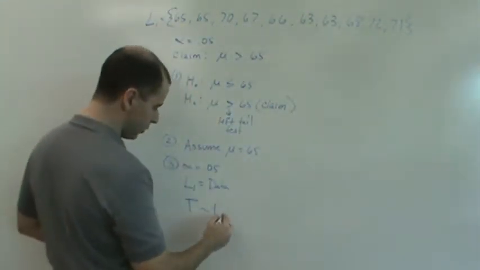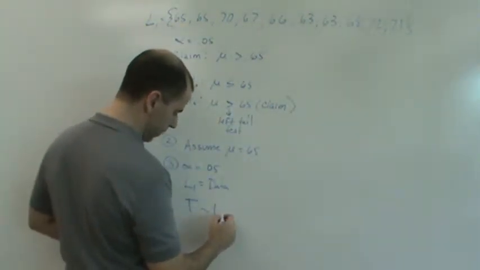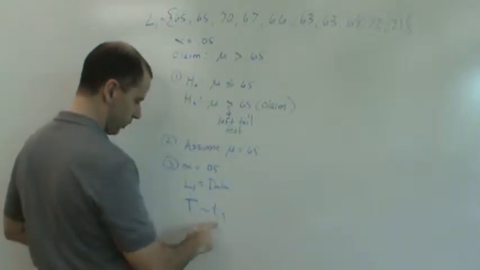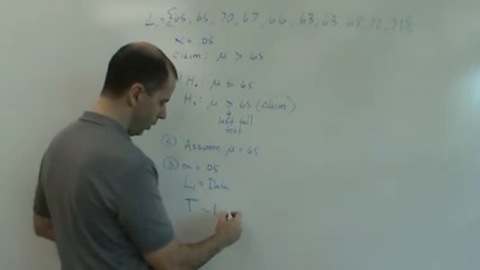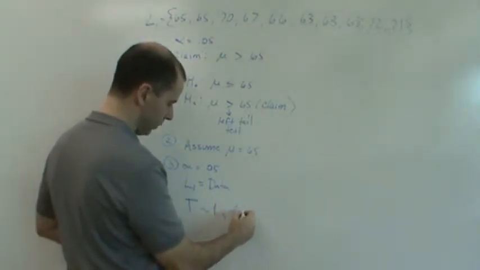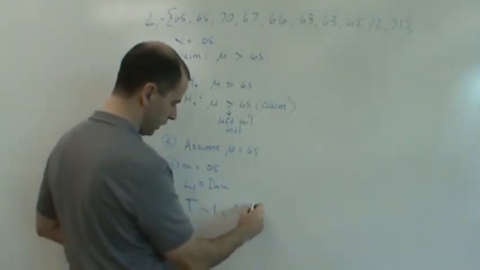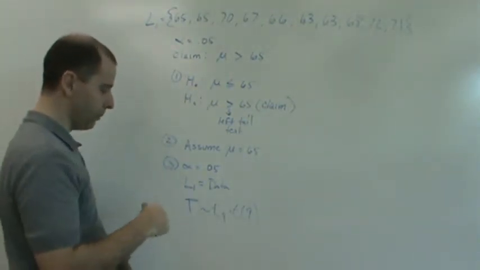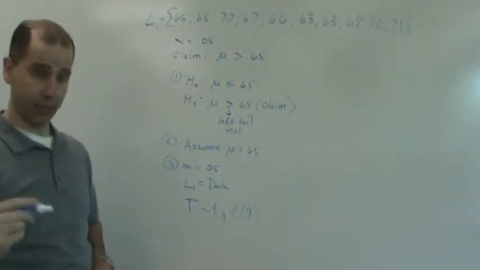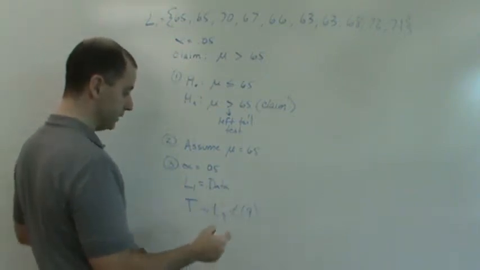So n is 10, so the degrees of freedom is 9. So we could put t sub 9 here, t with a subscript of 9, or you could also use t with 9 inside parentheses. Basically just keep in mind that the degrees of freedom is 9.